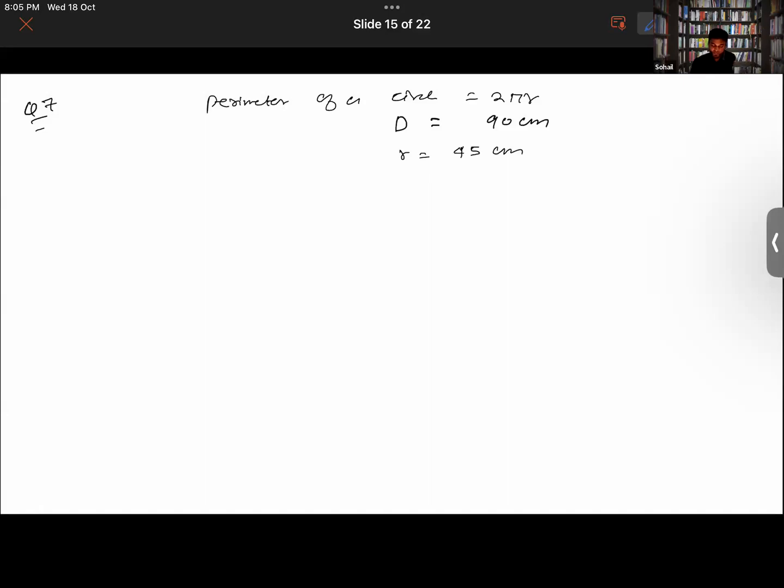चलो हम perimeter को calculate कर लेते हैं. So it will be 2 into 22 upon 7 into 45. 2 45s are 90. 9 into 22 is 198, so it is 1980. 282.85.